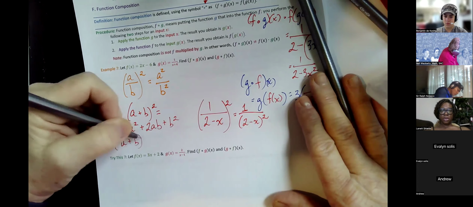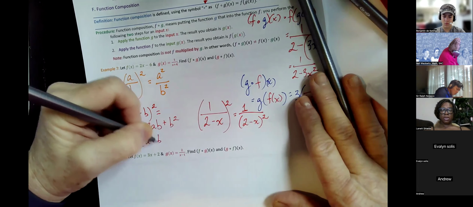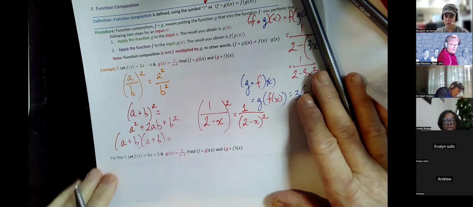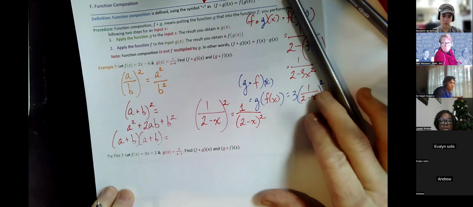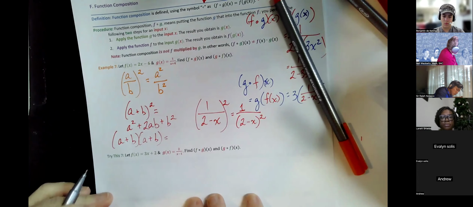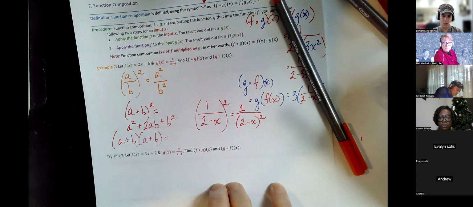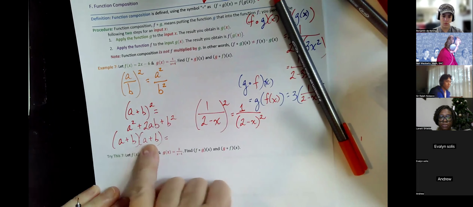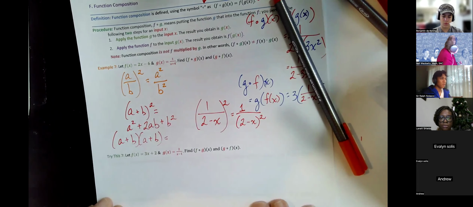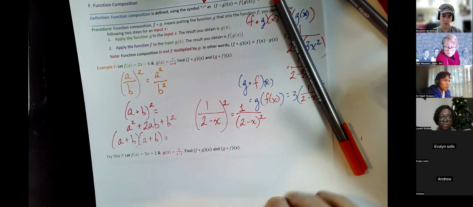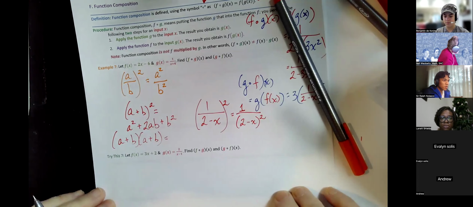if we have a plus b times a plus b, well, how do you FOIL this? How do you multiply out any two binomials? FOIL.